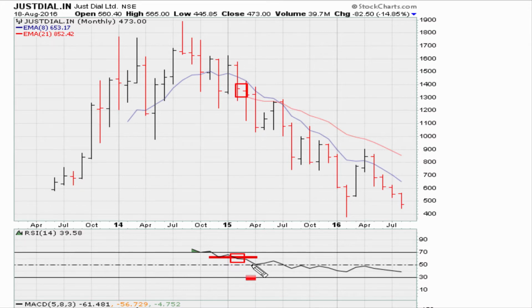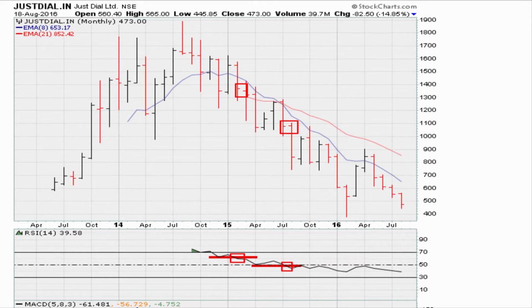There was another break here. This break also happened at about the RSI 50, a move to fresh lows during this period. And since then, the stock has been failing every time it tries to move above the 50 RSI level.